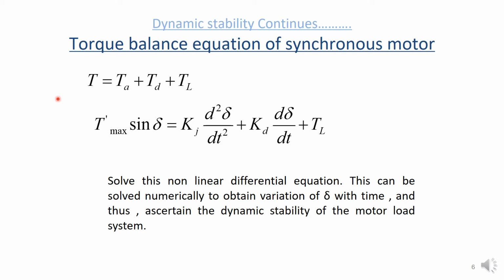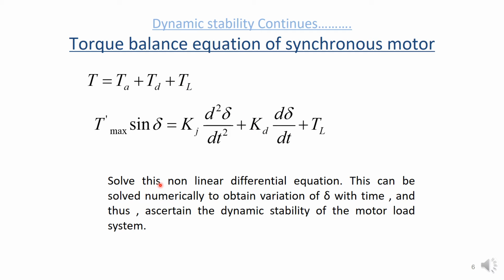In the dynamic behavior of the motor, the torque balance equation of the synchronous motor can be written as T is equal to TA plus TD plus TL, where TA is the acceleration torque, which is KJ into d square delta by dt square, and TD is the damping torque, which is KD into d delta by dt.